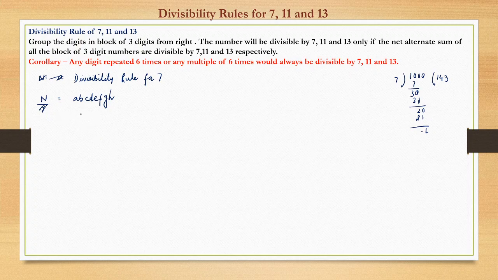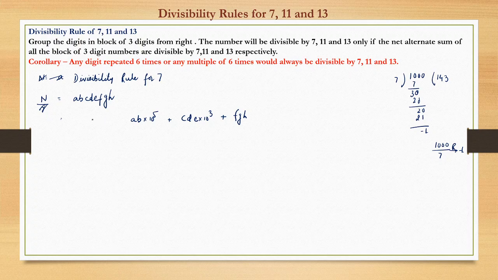What we will do, we know that 1000 by 7 gives a remainder of minus 1. So we will make a group of three digits from the right hand side. I write this as FGH plus CDE into 10 raised to power 3 plus AB into 10 raised to power 5.